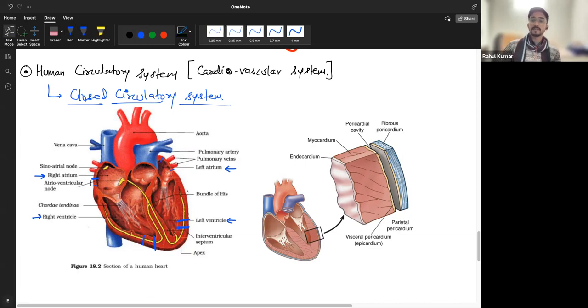Because ventricles are the chambers responsible for pumping the blood throughout the whole body, so they need to generate more pressure. That's why their walls are thicker. When they contract, they generate more pressure, and if the walls were thin, upon more pressure the wall could rupture. So that's one differentiation between ventricles and atria.